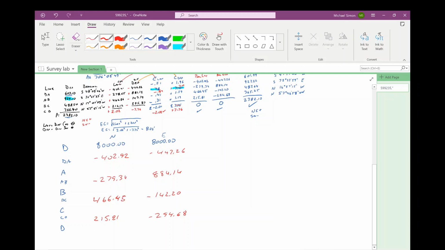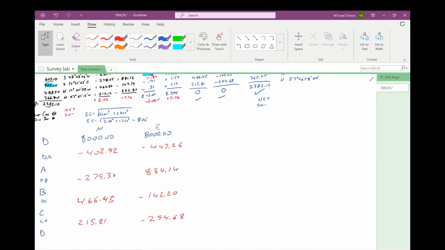So now, the reason I like to put them all in order like that is I like to go just down the lines.